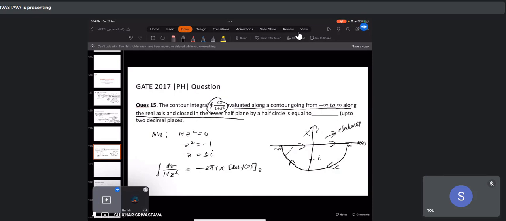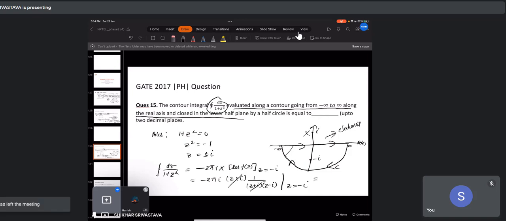So this is z is equal to minus iota. So it will be minus 2 pi I times 1 upon (z plus iota)(z minus iota) at z is equal to minus iota. So this will cancel out.